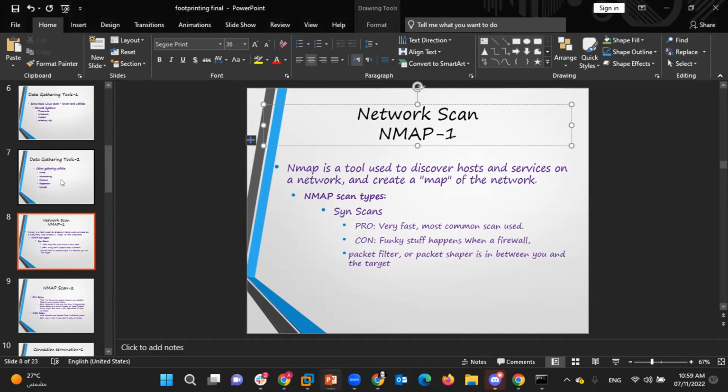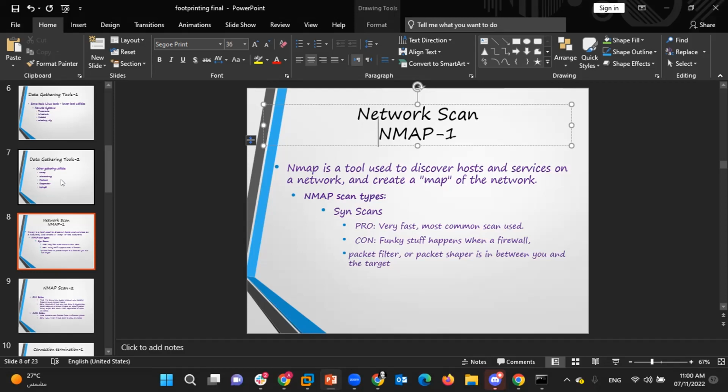Okay, before continuing, what do you think about this footprinting scan? Is it useful? Yeah, in my overview, it's very useful. Yes, it is. It's the first stage in each attack.